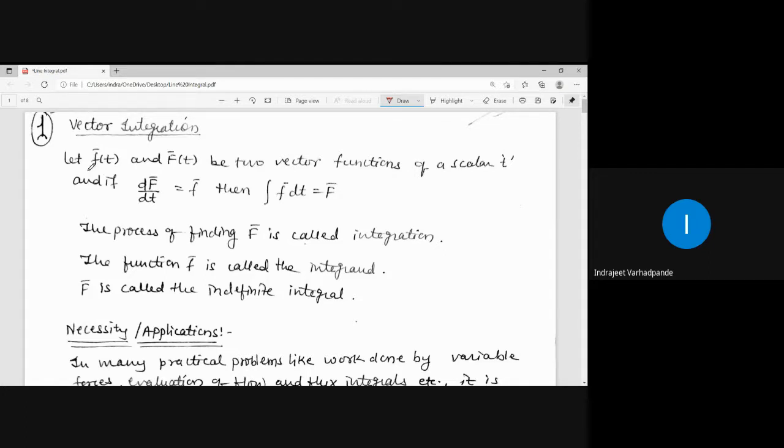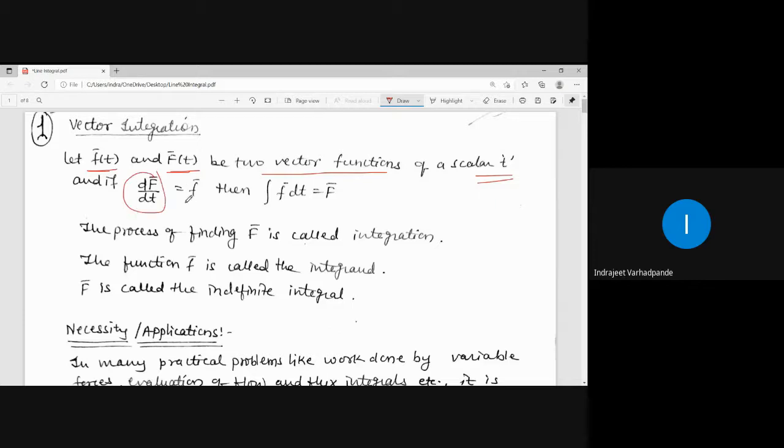So let small f bar of t and capital F bar of t be two vector point functions of a scalar t, a parameter usually denoted by small t.